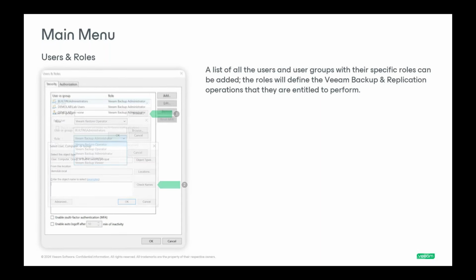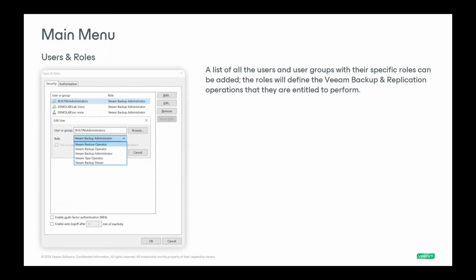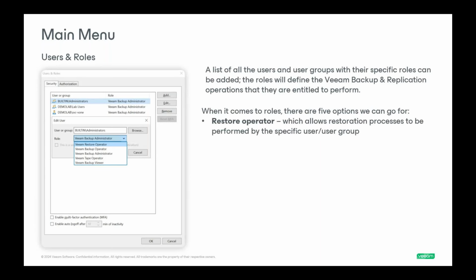So the roles go pretty much as follows. We have the restore operator, a backup operator, a backup administrator, tape operator, and a backup viewer. The restore operator is basically just going to allow you to restore. It's not going to have any management options besides just doing a restore.